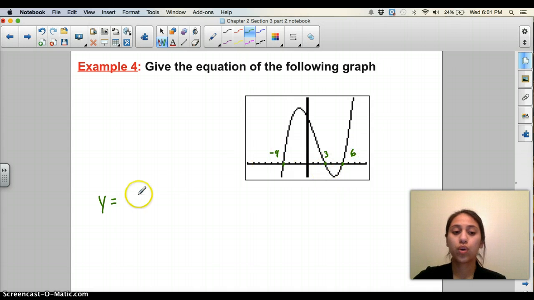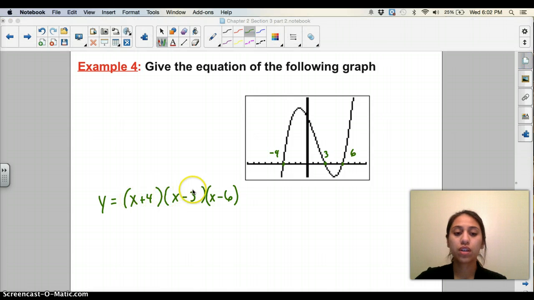So if you can remember, the intercept is the opposite of how it's written when it's factored. So we have 3 intercepts, and this is a negative 4, so we would put plus 4. This is a positive 3, so we'd put minus 3. And we have 6, so it would be x minus 6.